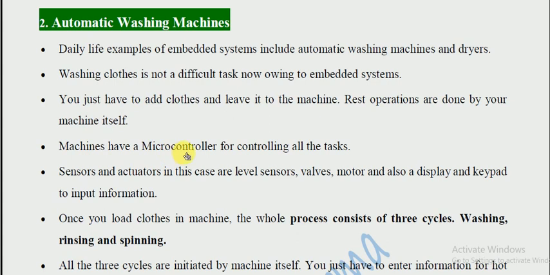The machine has a microcontroller for controlling all the tasks. The sensors and actuators in this case are the level sensor, valves, and motor, and also a display and keypad to input information. Once you load the cloth in the machine, the total process going on inside the washing machine depends on three cycles: washing, rinsing and spinning.